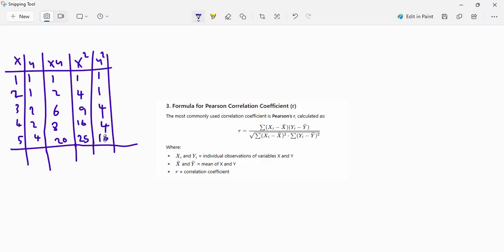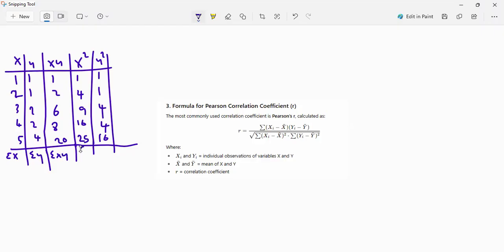What do we get on the totals? Summation of x here, summation of y here, summation of xy, okay?